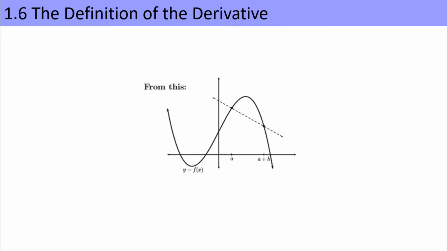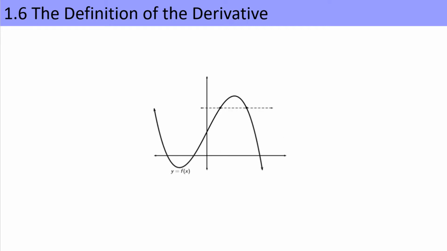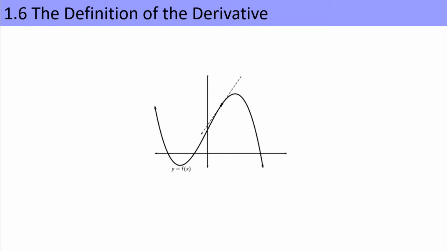The idea is to begin with the slope of the secant line between the x values a and a+h and decrease the length of h. That is, to continually make h smaller, so in the progression we went from a downward slope to a horizontal, and then notice that the slope is now increasing as we continue to make the distance h closer and closer to 0 until it appears to occur at just that one point, a.